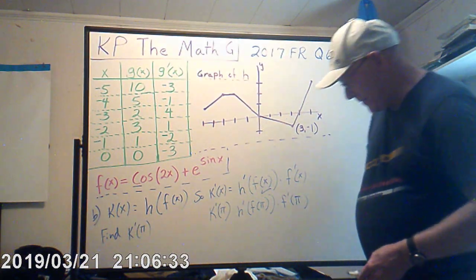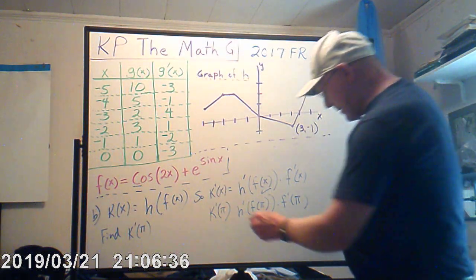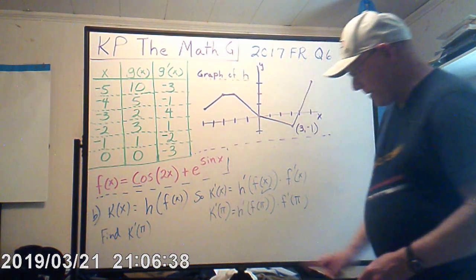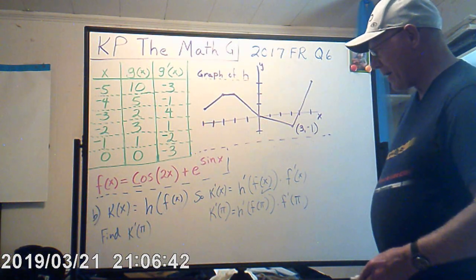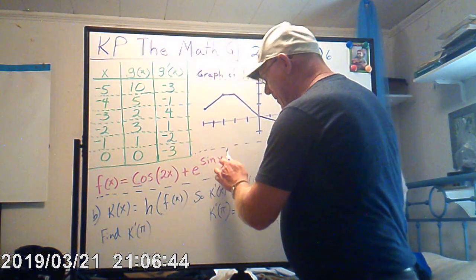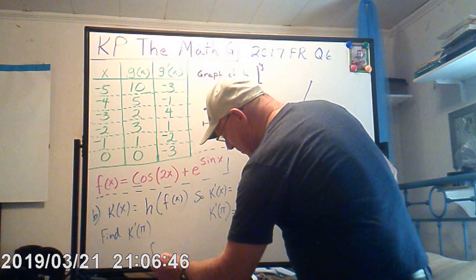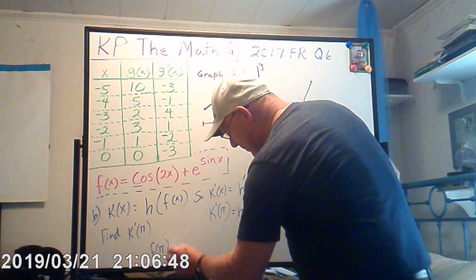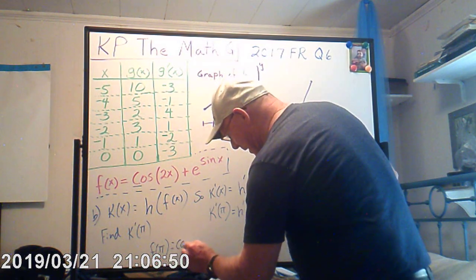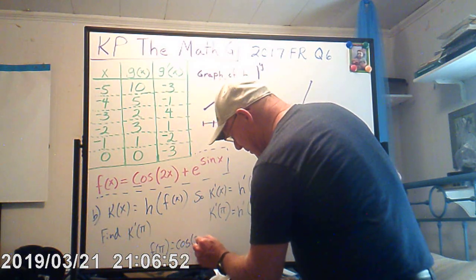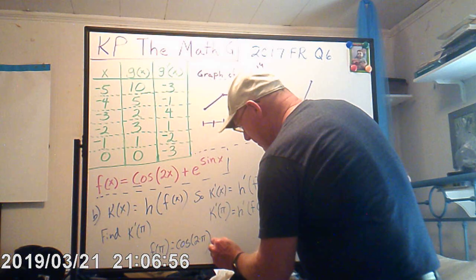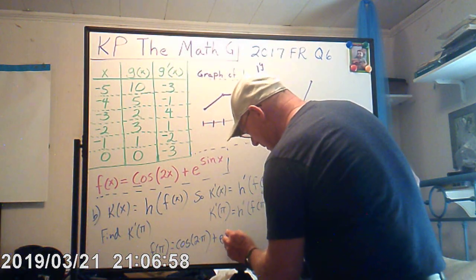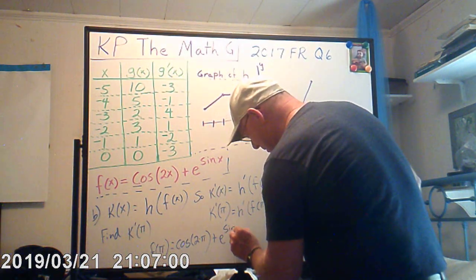So this is h prime of f at pi. So f at pi, we're going to put pi in here and here. So f at pi is equal to cosine of 2 times pi plus e to the sine of pi.